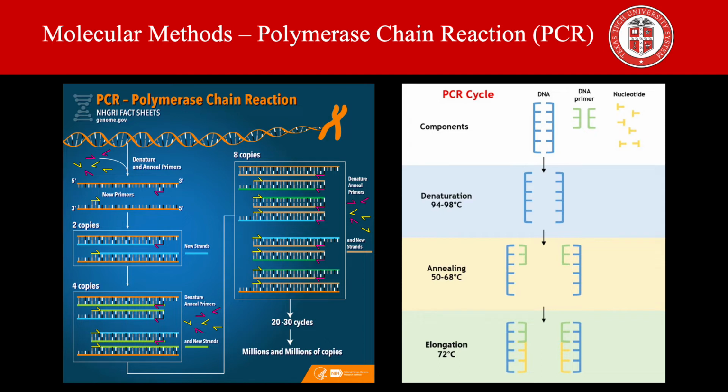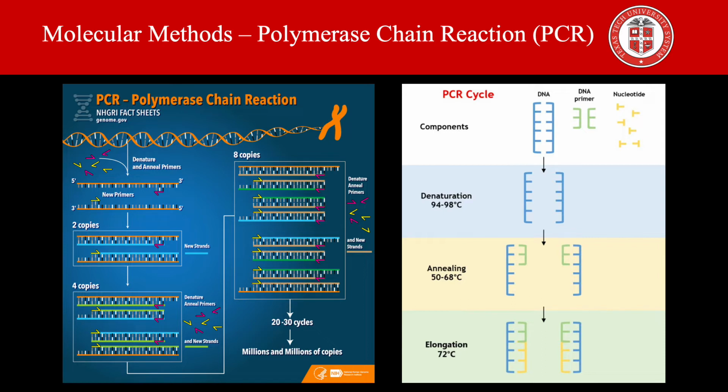Next, an enzyme called Taq polymerase, a heat-resistant enzyme commonly used for PCR amplification, synthesizes, builds two new strands of DNA using the original strands as templates. This process results in the duplication of the original DNA, with each of the new molecules containing one old and one new strand of DNA. This step is called the annealing step.